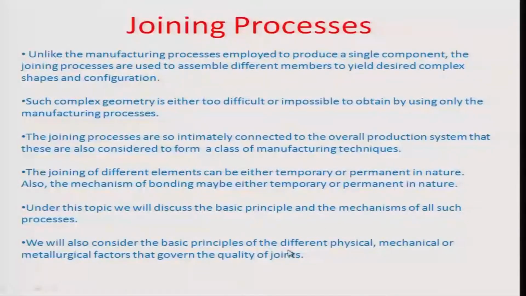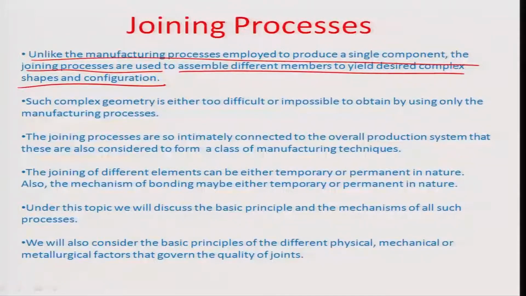Unlike the manufacturing processes employed to produce a single component, the joining processes are used to assemble different members to yield complex shapes. I think I had earlier described that when you talk about assemblies, obviously there has to be a relative orientation between the various parts or components, and for that joining is a very important issue.